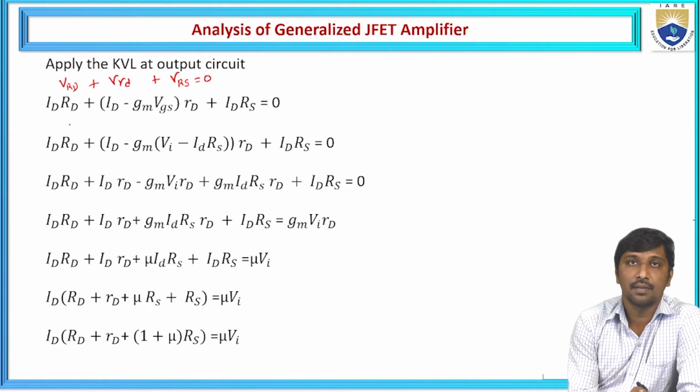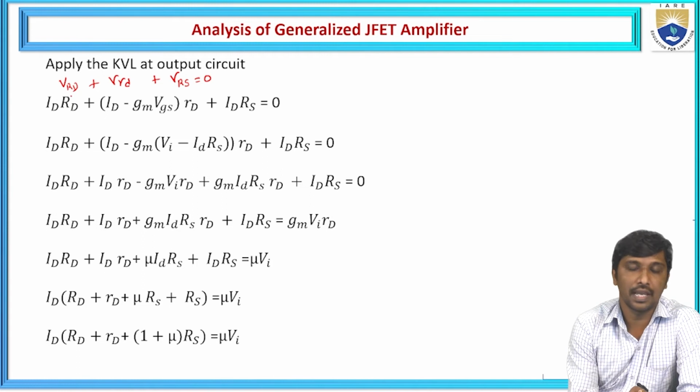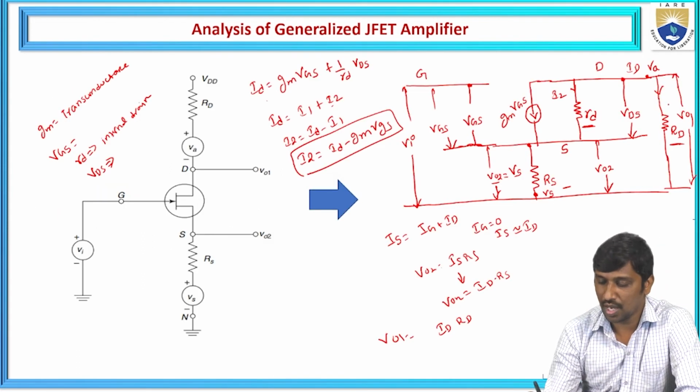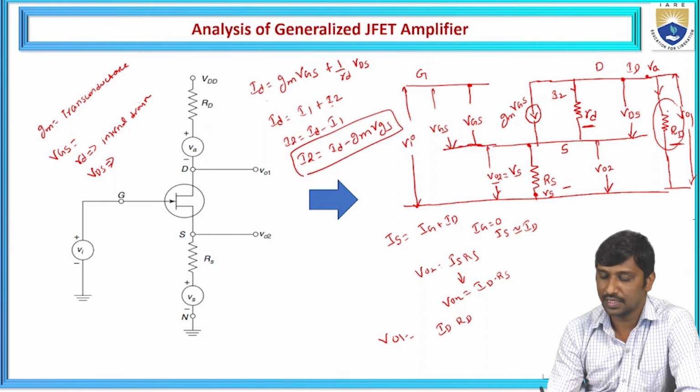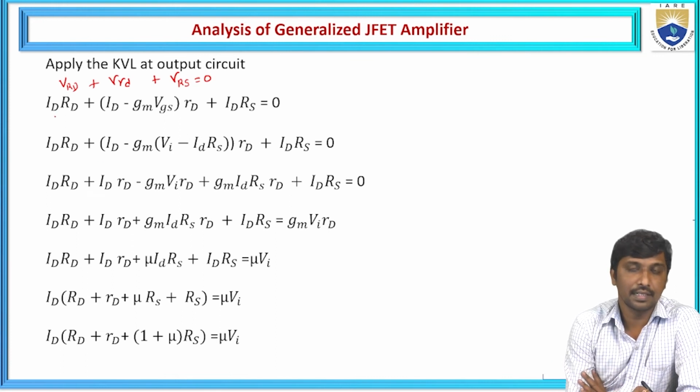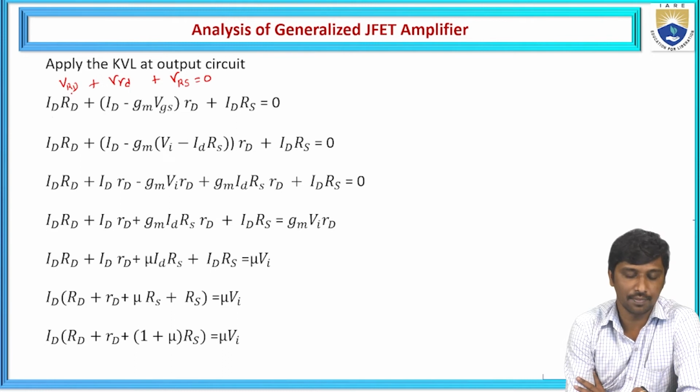The voltage drop across capital RD is V equals I into R. Which current flows? The drain current, and the resistance is RD. Hence it is ID times RD.